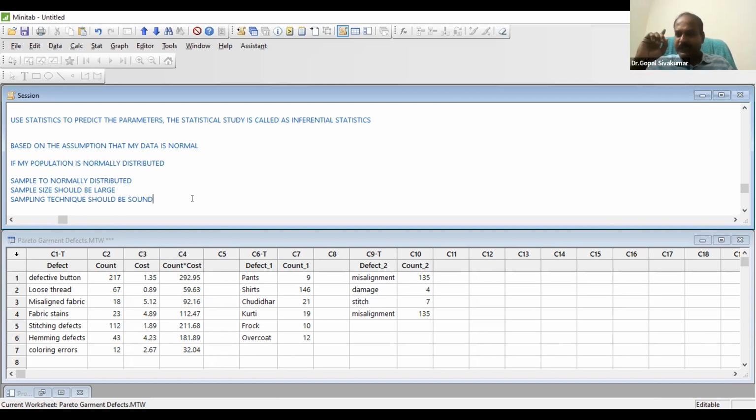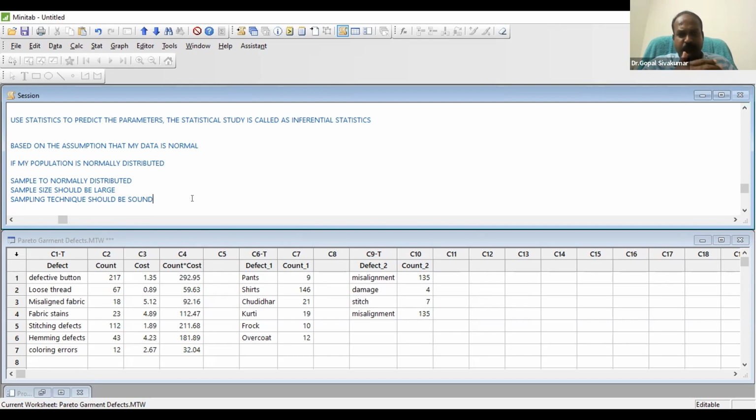You should have surveyed people living in the outskirts, people living in the heart of the city, and people living in other areas of your city. Am I correct? Then only your sample data will help you to understand the behavior of the population.